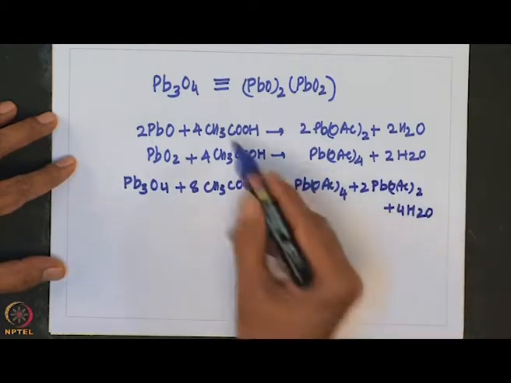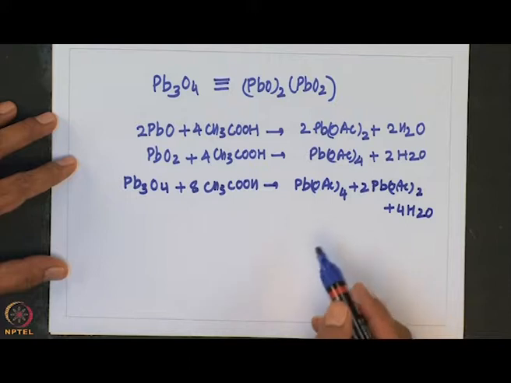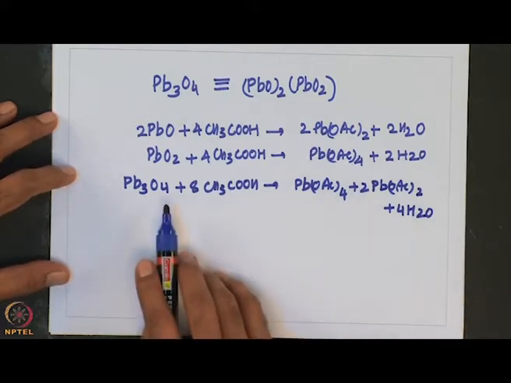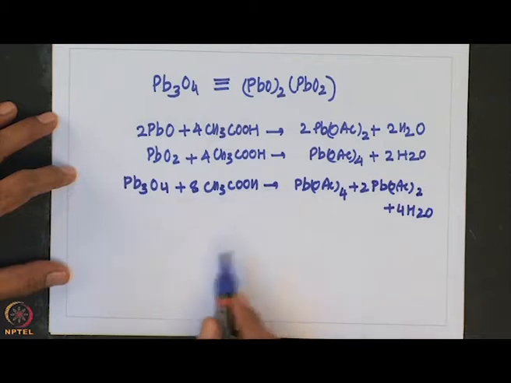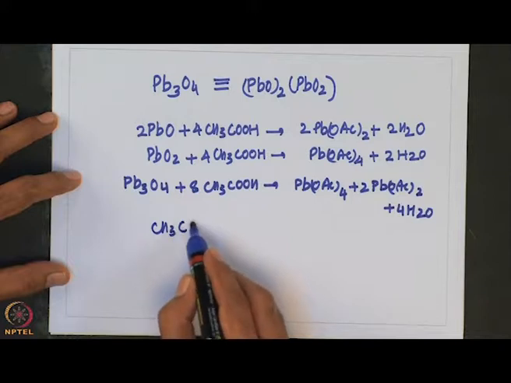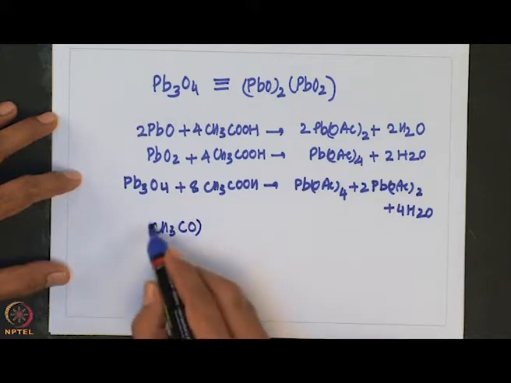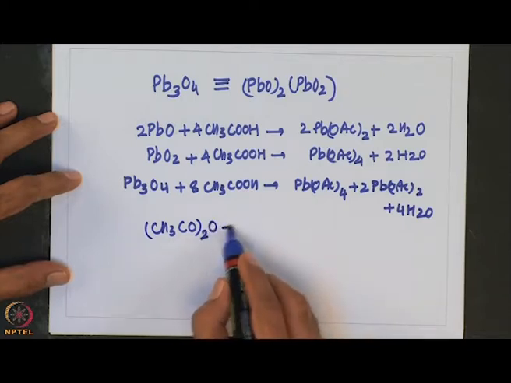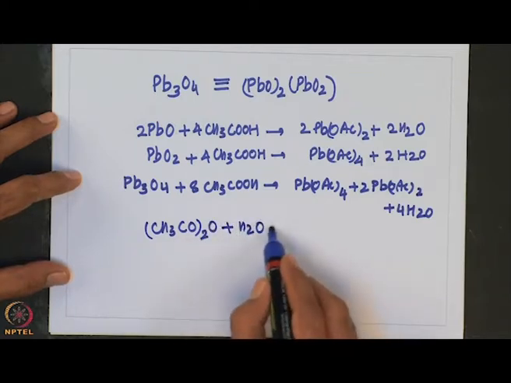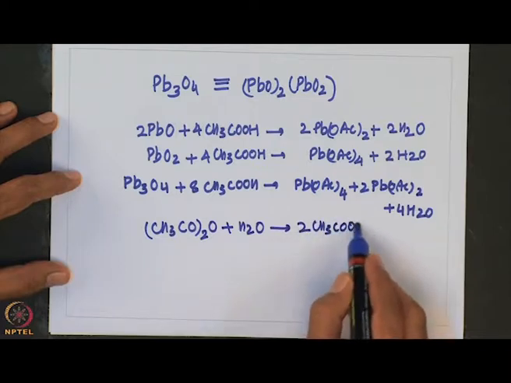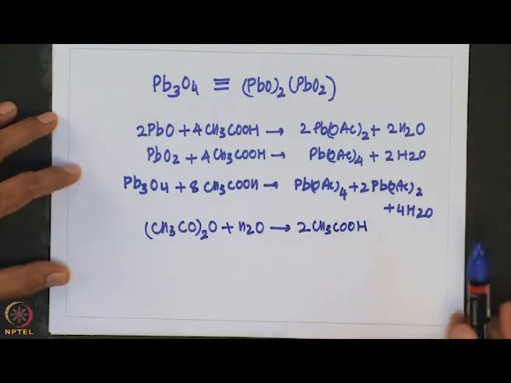Essentially, I have added up 1 and 2. So, that means this is the overall reaction involving Pb3O4 with acetic acid, and of course, as I mentioned, the role of acetic anhydride is essentially to abstract this water to prevent the backward reaction. So, we need to add that many equivalents of acetic anhydride here.